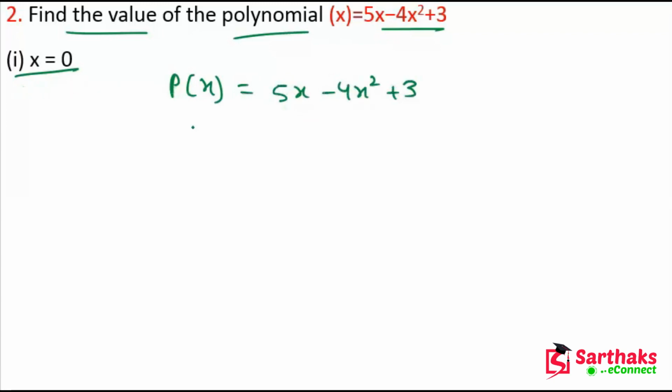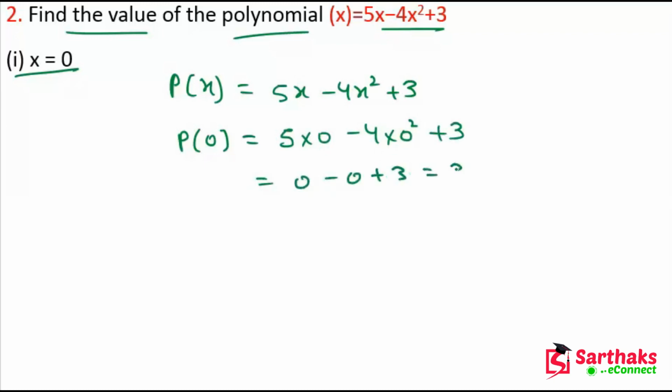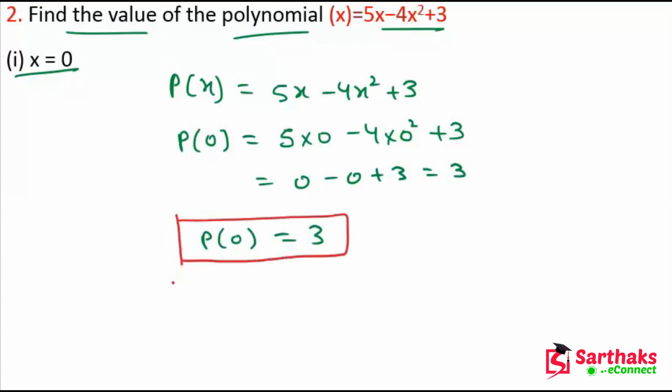Putting x as 0, p of 0 is 5 into 0 minus 4 into 0 square plus 3, which gives 0 minus 0 plus 3, equal to 3. So p of 0 is 3.